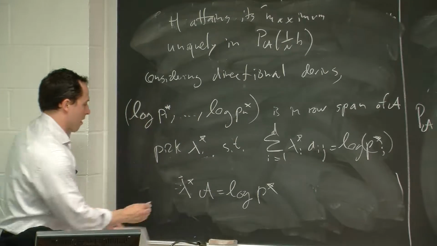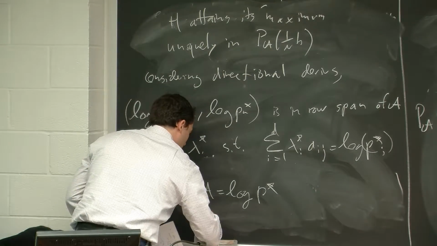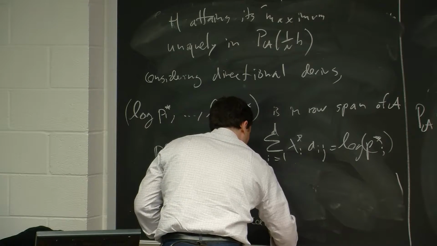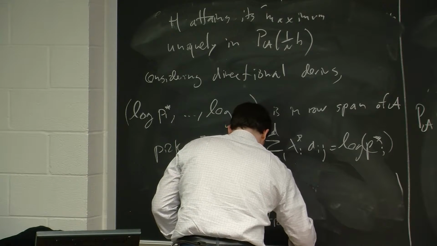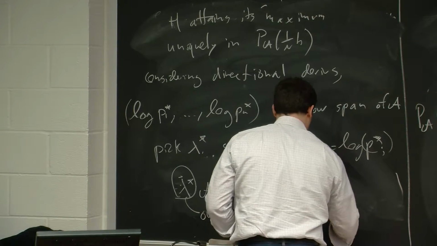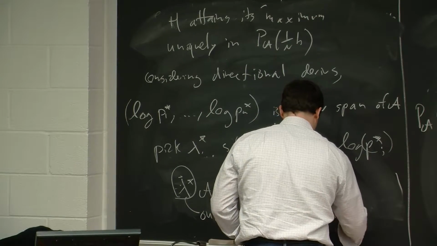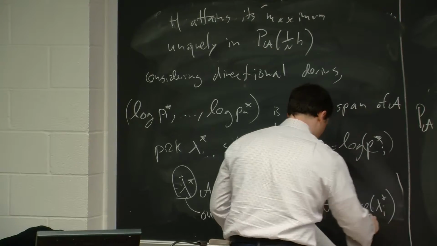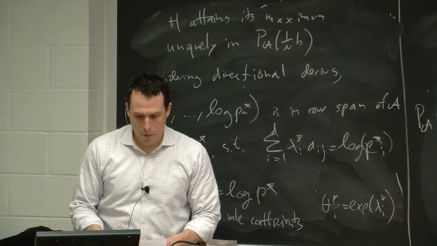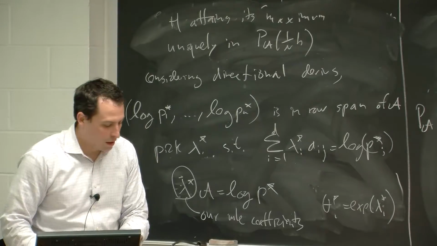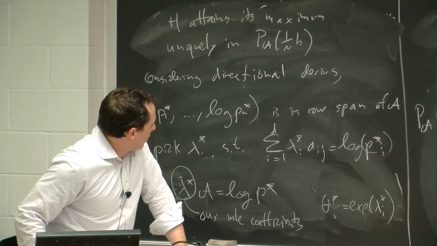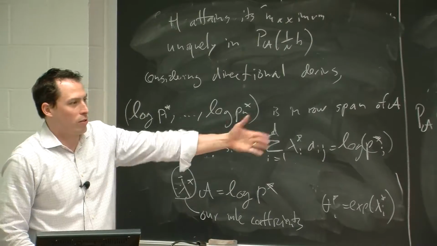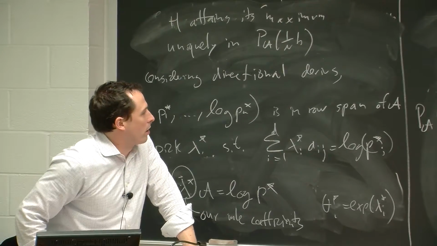And so these things are our log-linear coefficients, and the thetas, the multiplicative versions, are just the exponentials of this. Then you can show that this point is not only a solution but a unique solution, again by considering the entropy. If I have two solutions, then you can show that they're the same.